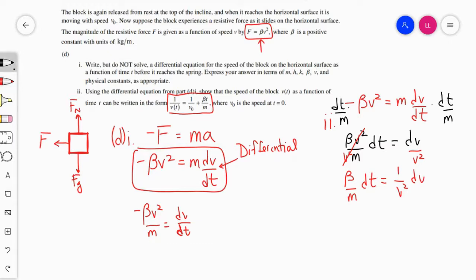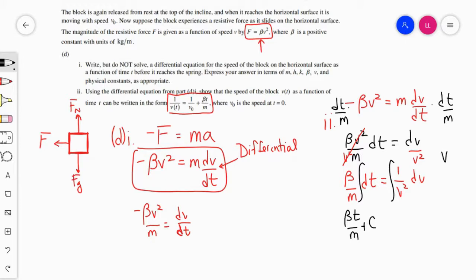And now this is the point where we have our variables separated. We split apart that dv dt, and we have them on opposite sides of our equation. So now we can take our integrals. Oh, sorry, I mismarked the integral in that second part. And so you are going to get beta t over m plus c. Now, the common thing here is, because you see that 1 over v, sometimes students will make the mistake and say, okay, that's just the natural log.